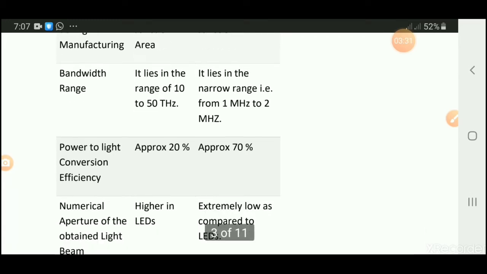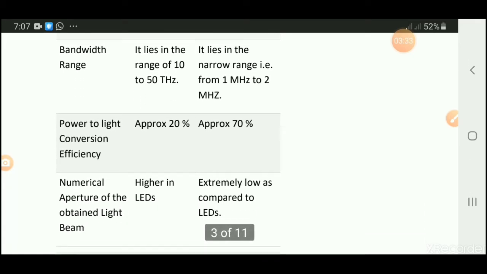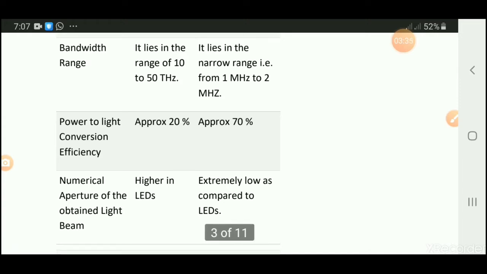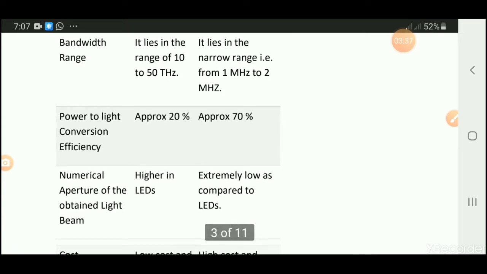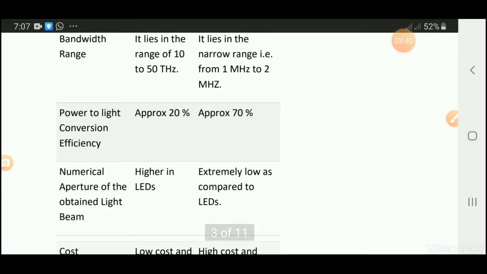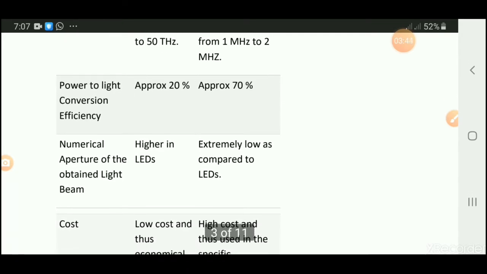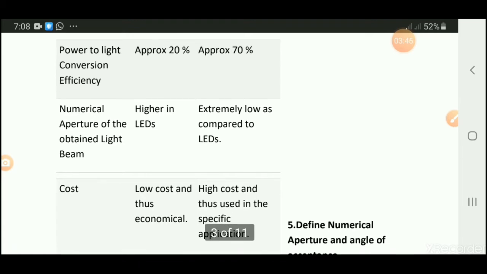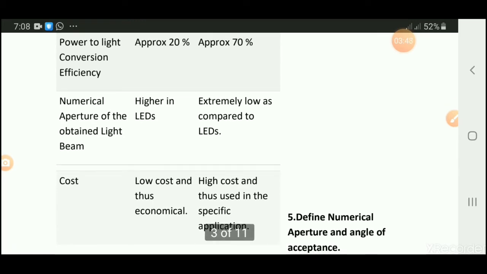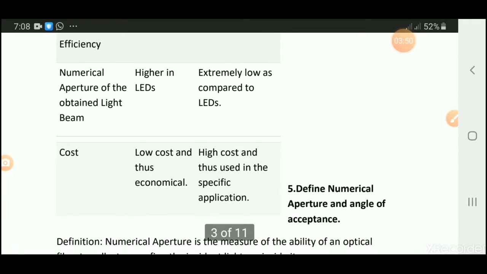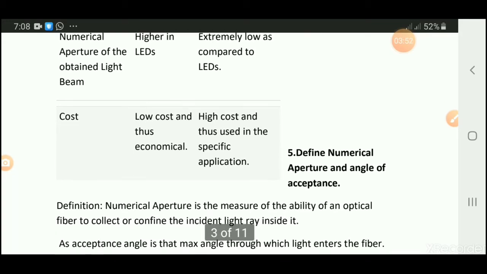Power to light conversion efficiency: approximately 20% for LED, approximately 70% for laser. Numerical aperture of the obtained light beam: higher in LEDs, extremely low in lasers as compared to LEDs. Cost: LED is low cost and thus economical; laser is high cost and thus used in specific applications.